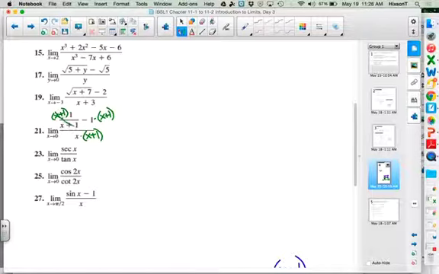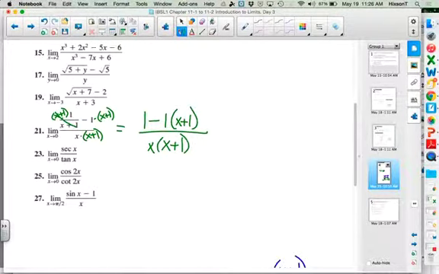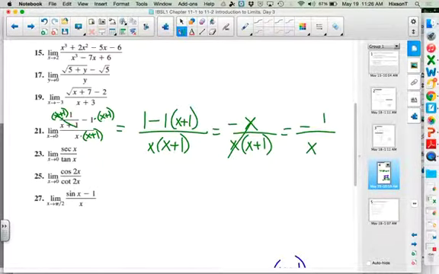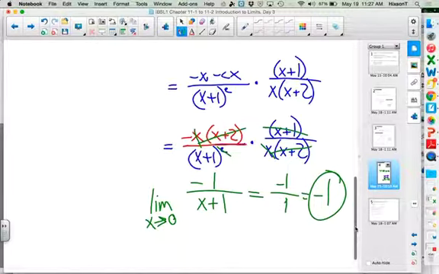That will cancel out this denominator, leaving me with 1 minus 1 times x plus 1 in my numerator, over x squared plus 1x, which is x times x plus 1. So now I have 1 minus x minus 1, so this is a whole lot more efficient. That's a negative x over x times x plus 1, and check that out, we get negative 1 over x plus 1 in seconds. A whole lot faster.